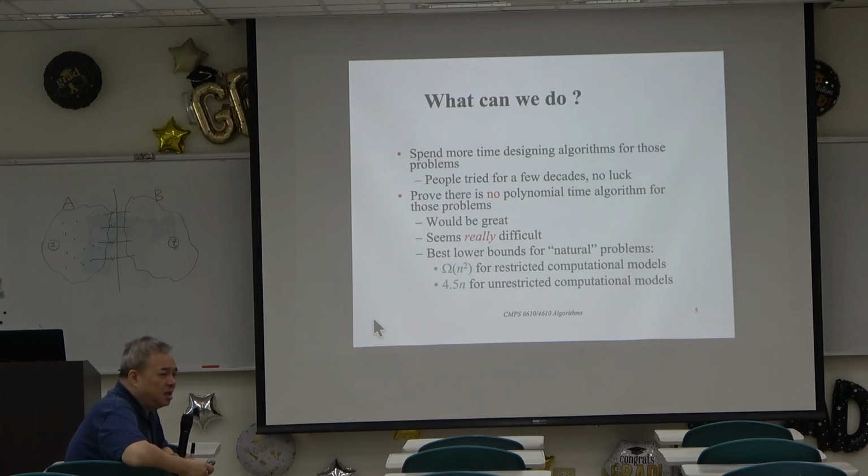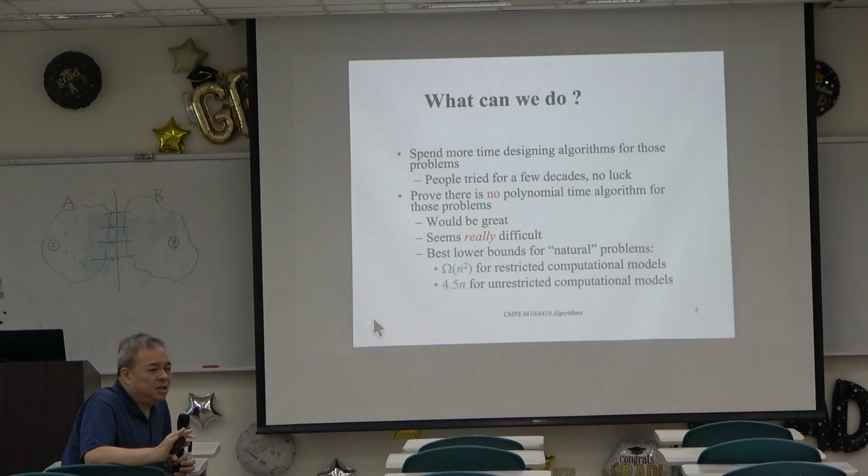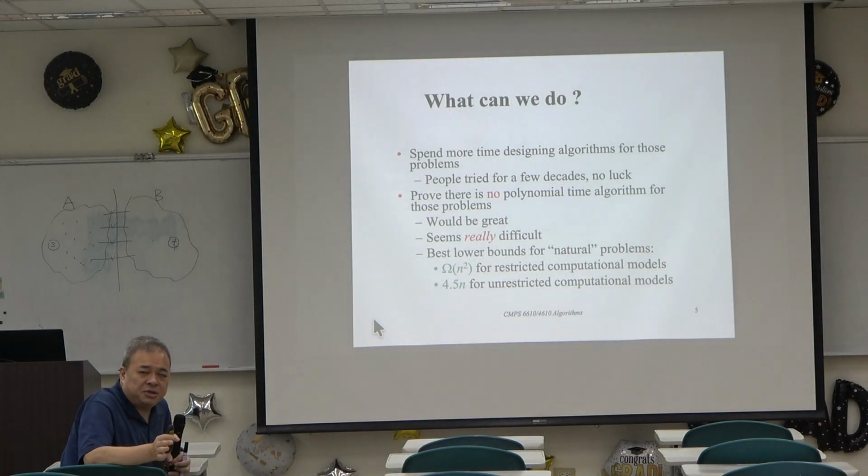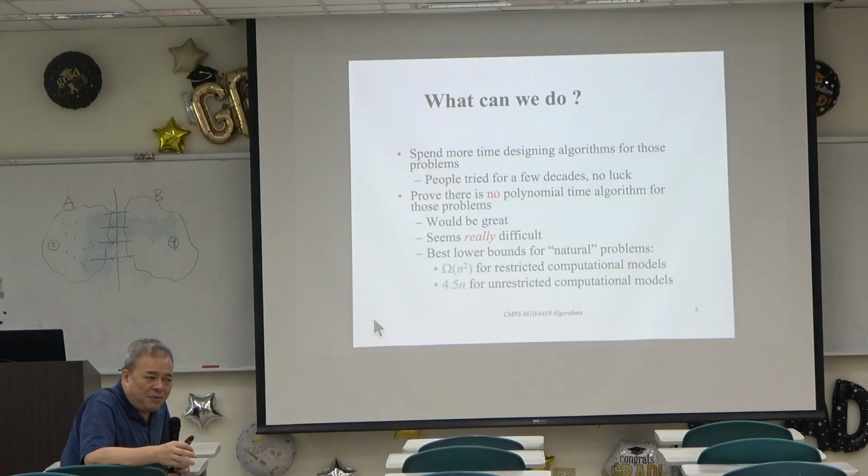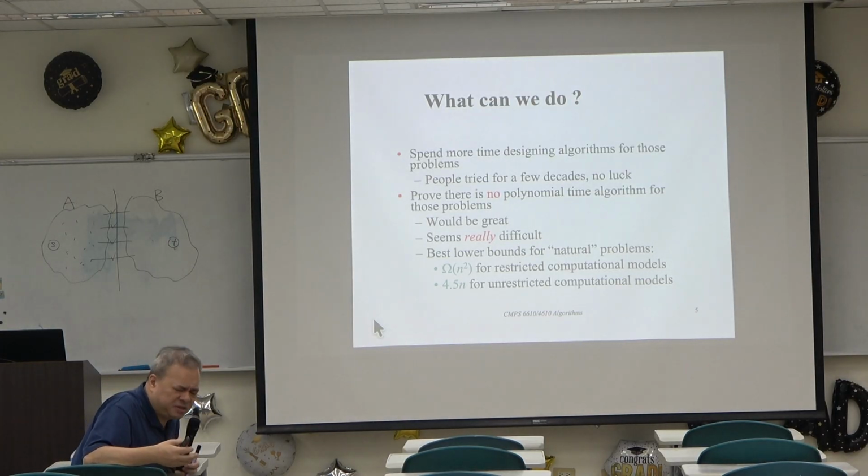It is not necessarily true that the difficult problems are graph problems only. There are other problems that are not about graphs, but they are equally difficult, or at least as difficult as those problems I mentioned previously.